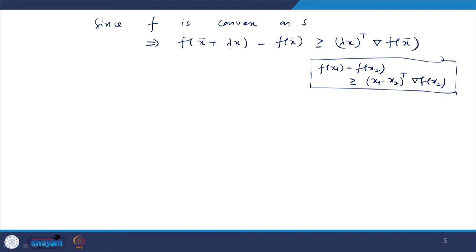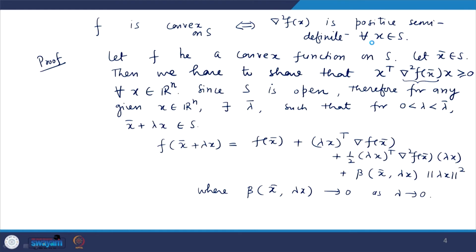Now, if we club this expression with the previous expression, this minus this is greater than or equal to 0. So, this means this expression is greater than or equal to 0. If you club these two expressions, what do we get finally?